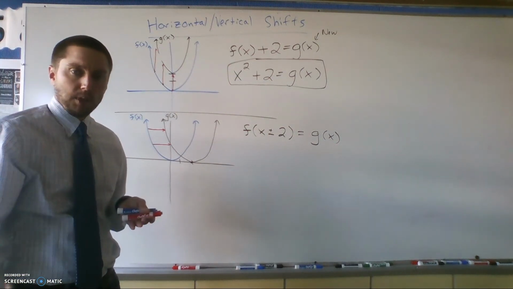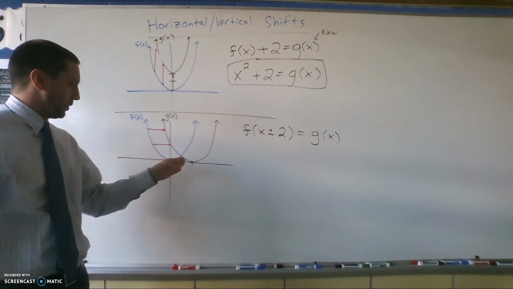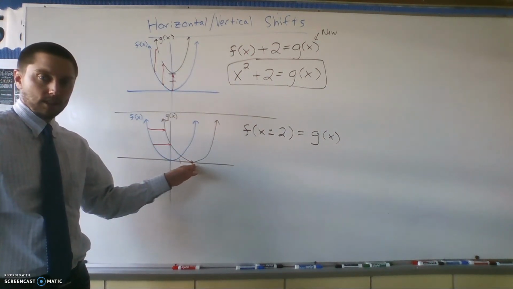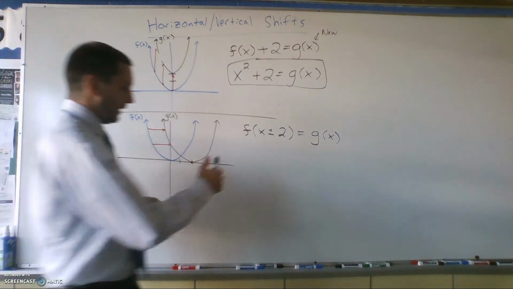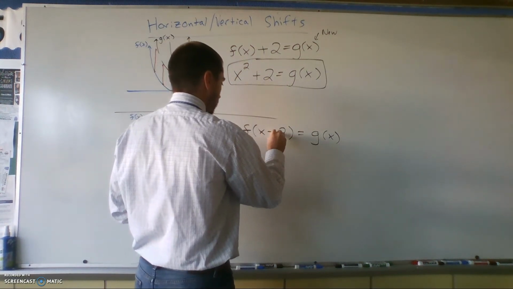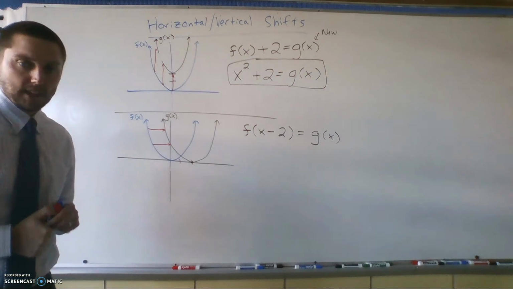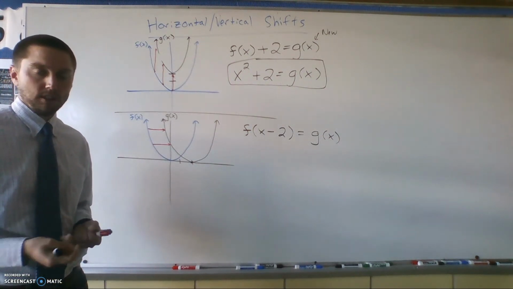So if you want to leave that blank, you can. But which one is it going to be? Well, our instincts tell us if we move it to the right 2 units, then that would be a +2. That's what our instincts tell us. But in fact, if we want to move a graph to the right, we actually need to subtract 2. It actually needs to be f of x minus 2.